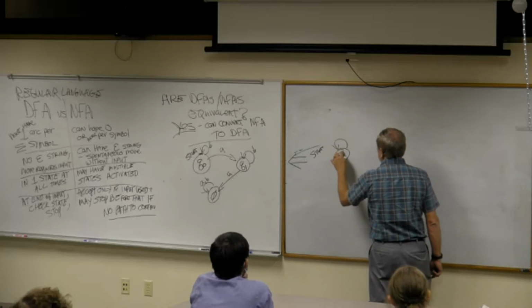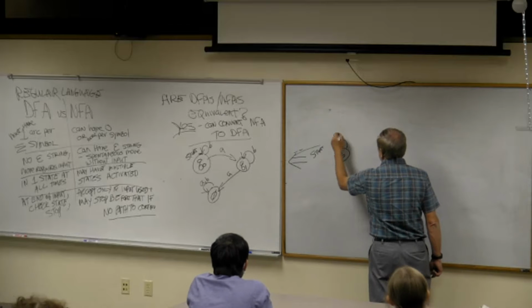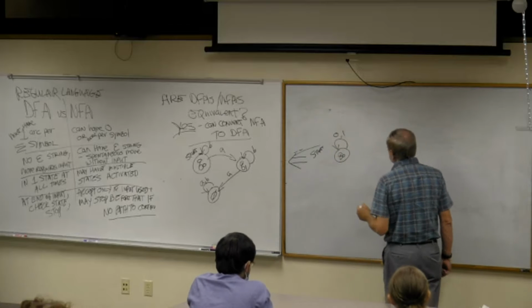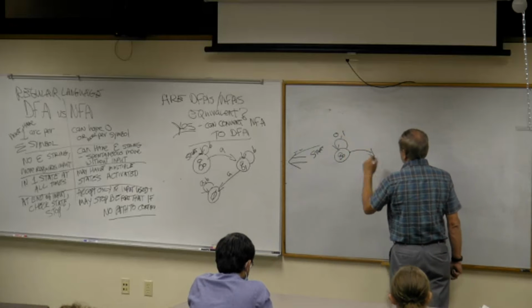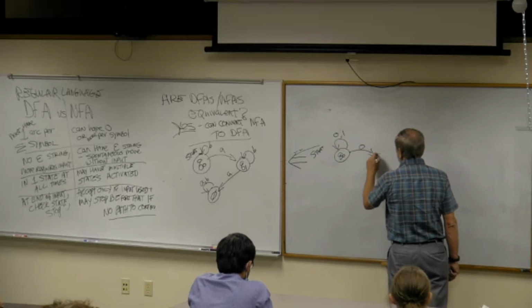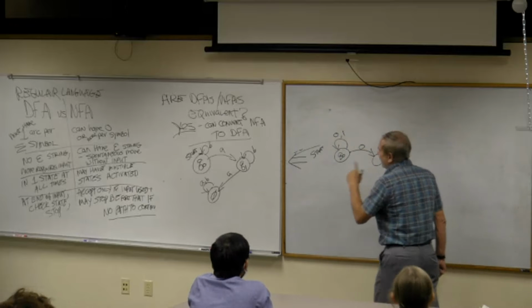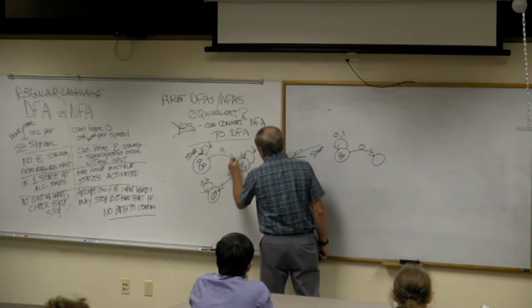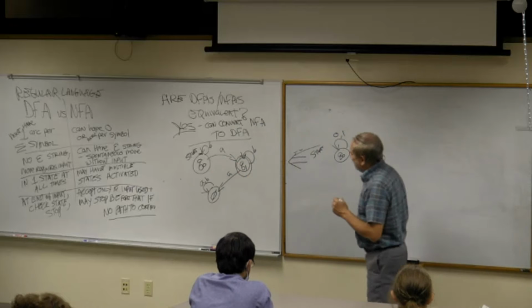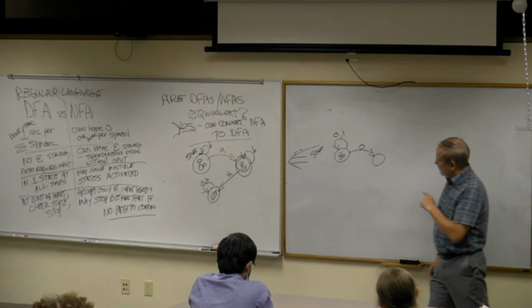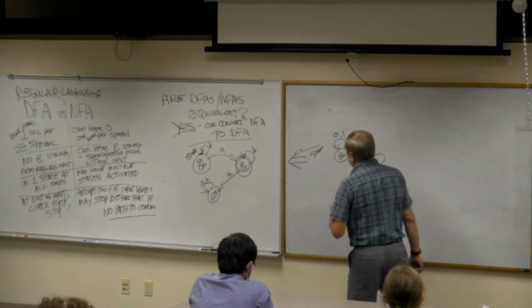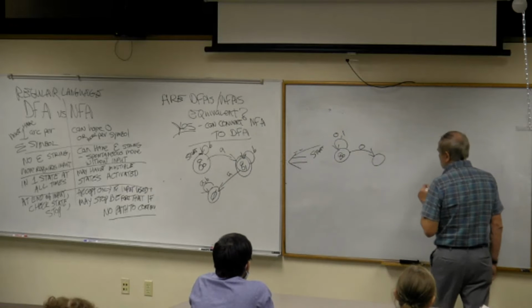Let's say we've got zeros and ones, and anything that contains an accept state from the original has to have an accept.